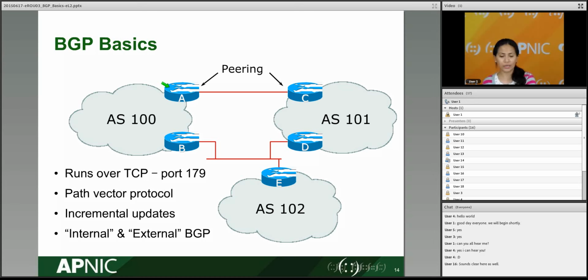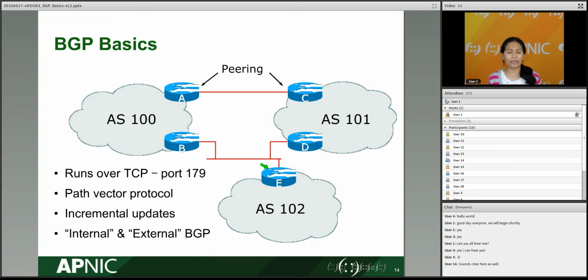This one is peering here. It has direct connections, you can see, to router C in AS 101. B here has direct connections to D, which is also in AS 101, and E in AS 102. That's how they will exchange information, because they have direct connections to them.